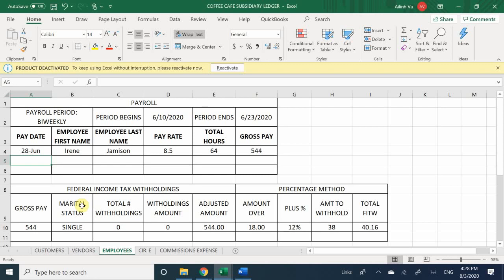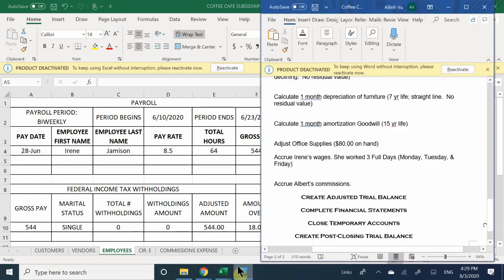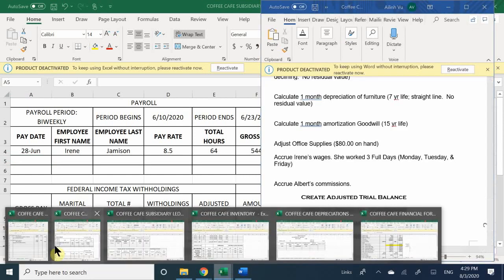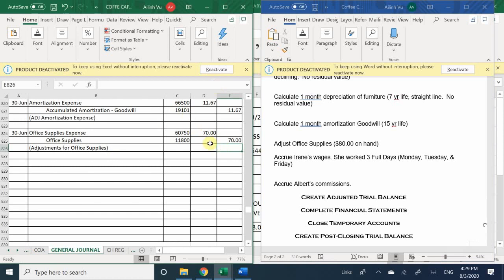If we know that her pay rate is $8.50 and one full day is 8 hours, so 8 times 3 is 24. And the amount is $8.50. So I'm going to go right here and write $8.50 times 24 gives me $204.